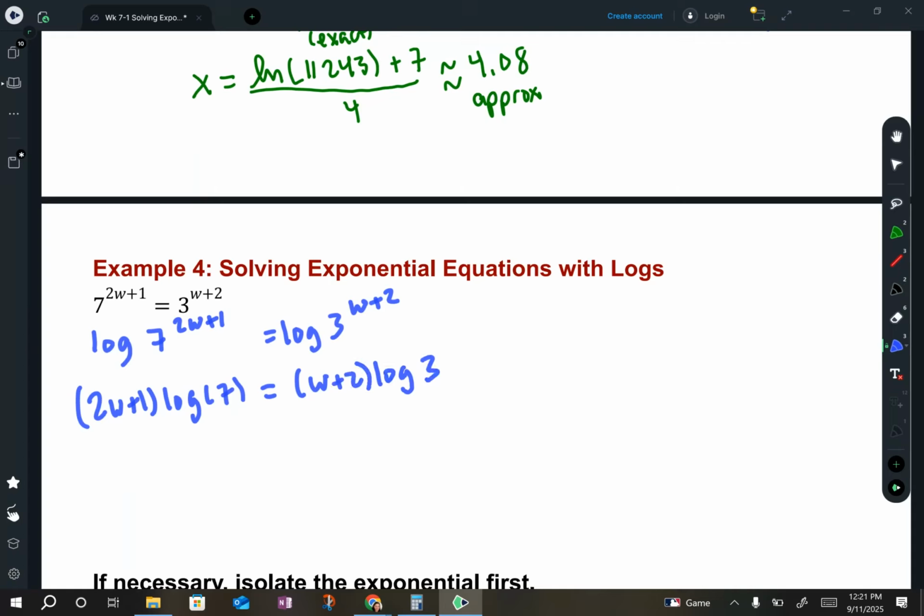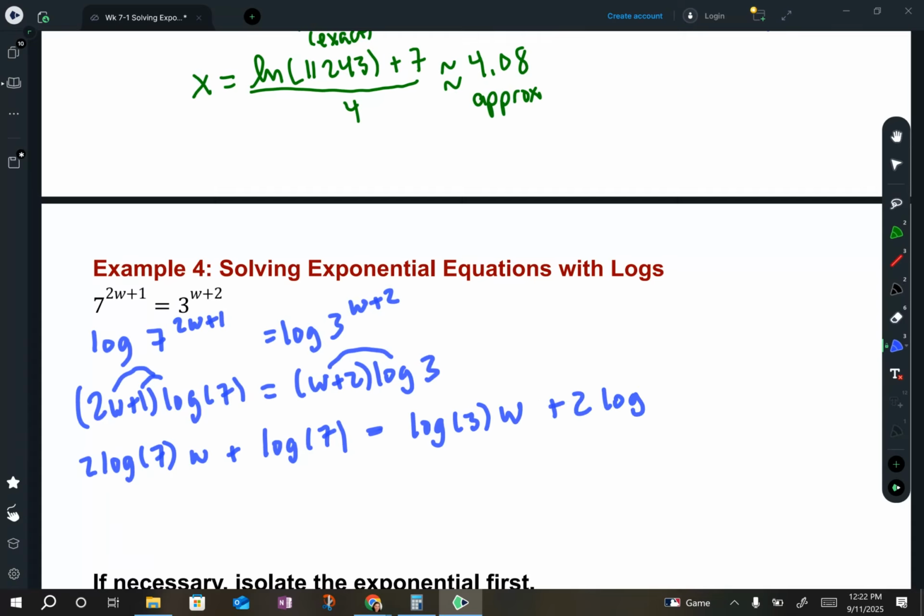Let's distribute this all out and group our terms together. So we have 2 log of 7 times w plus log of 7 equals, so I just distributed that log of 7, log of 3 times w plus 2 log 3.